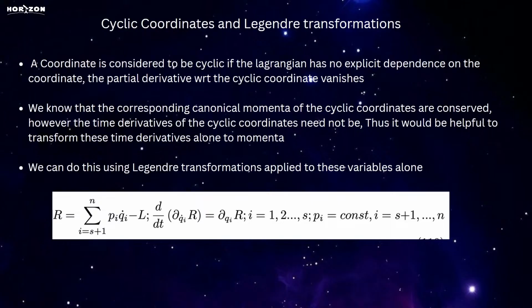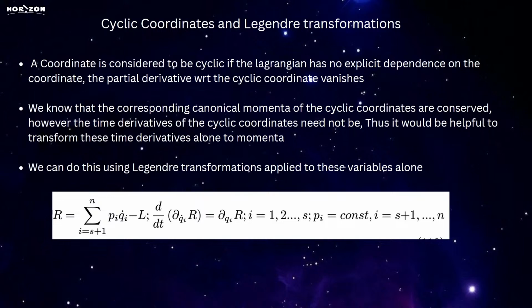So this leads to an important observation that the canonical momentum associated with the cyclic coordinate also gets conserved. This is an important point to note, as it gives us some information on how canonical momenta and cyclic coordinates are related. Also, the time derivatives of cyclic coordinates need not be conserved.